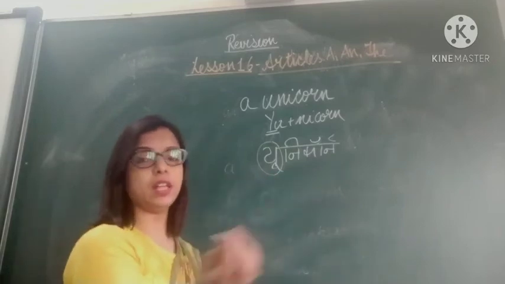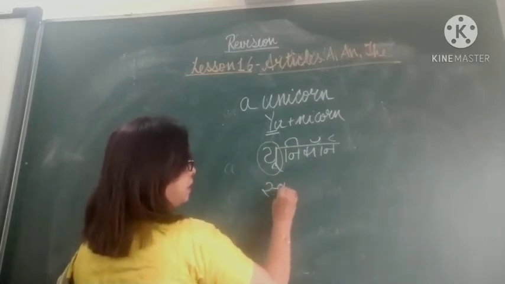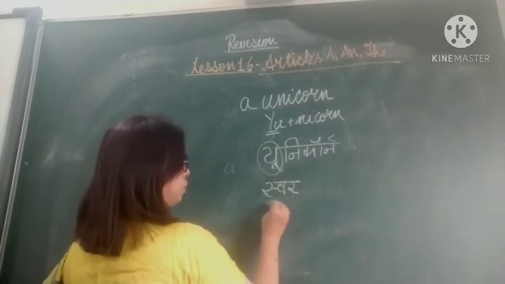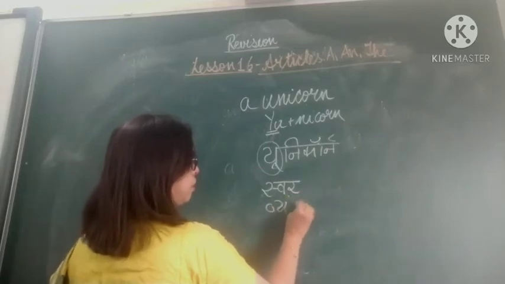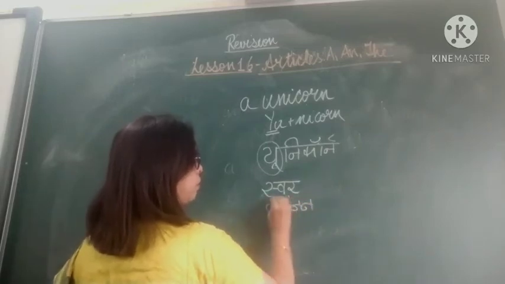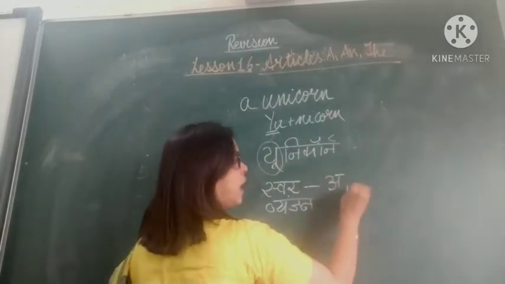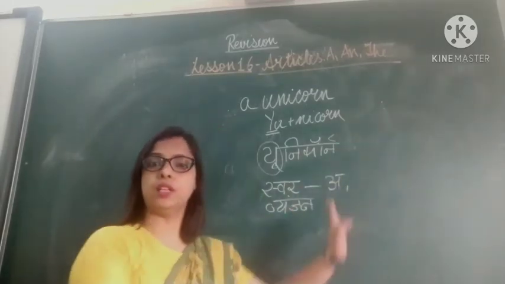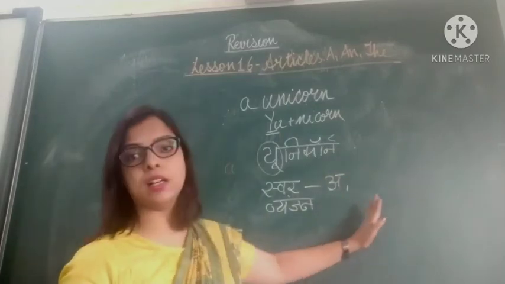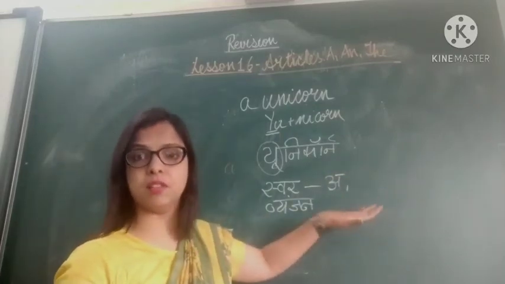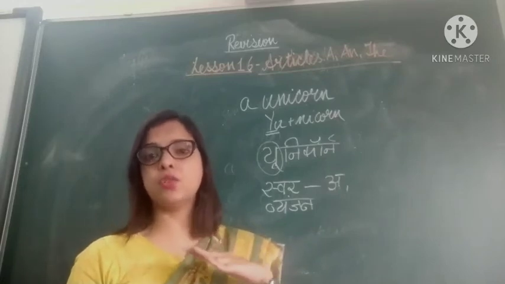If you have learned in Hindi, there are 11 swar and the rest of them are vyanjan. And what are swar children? A, I, U, these are swar, and the rest of them are vyanjan. I expect that you all know this.